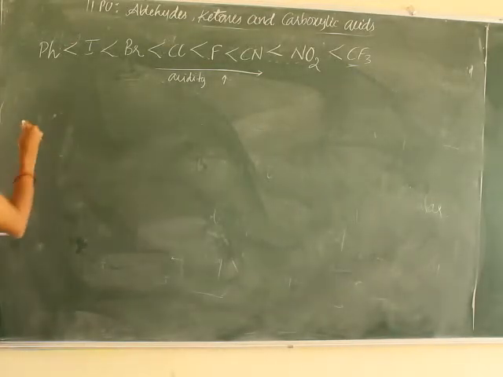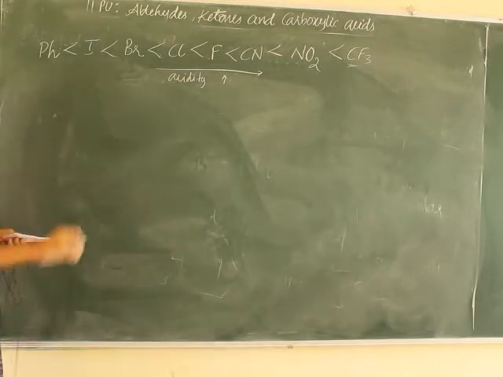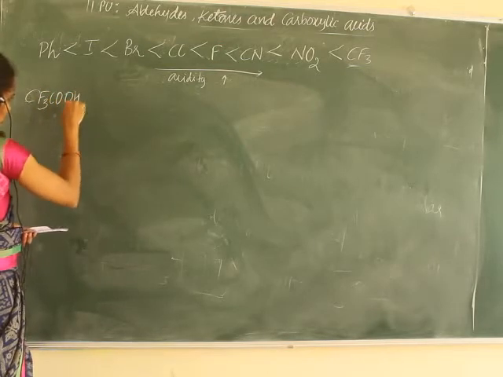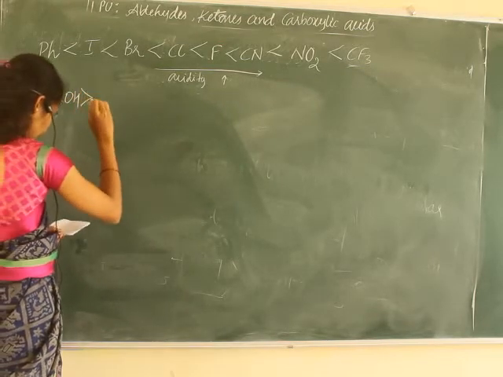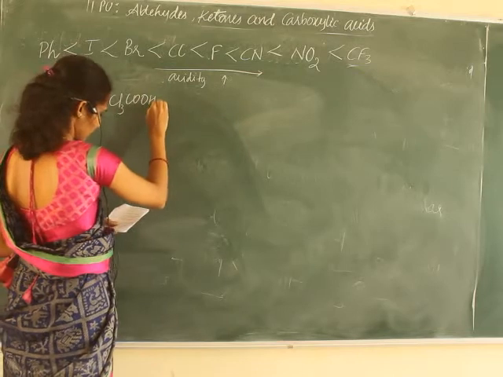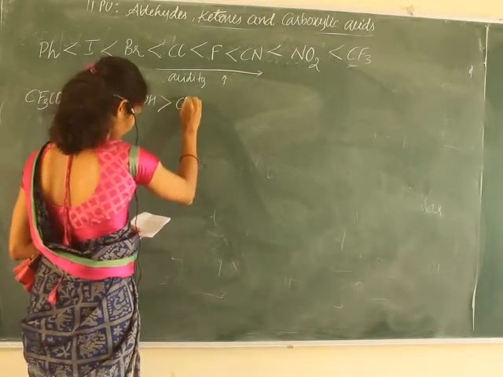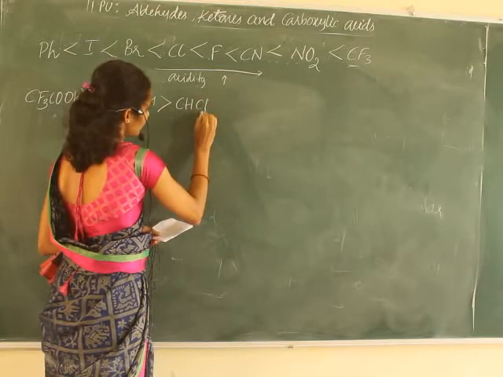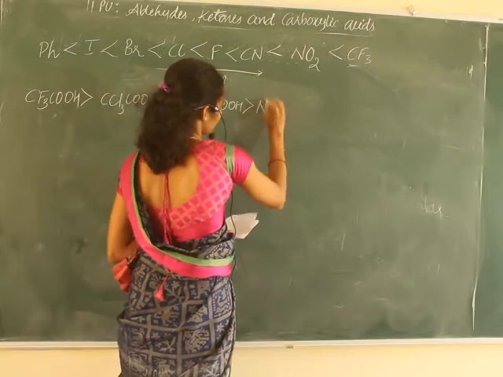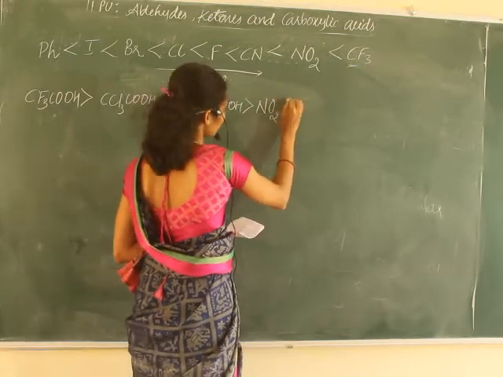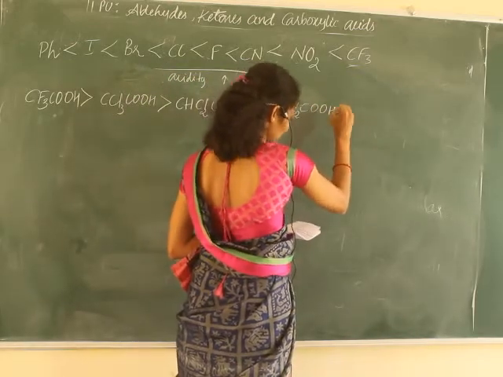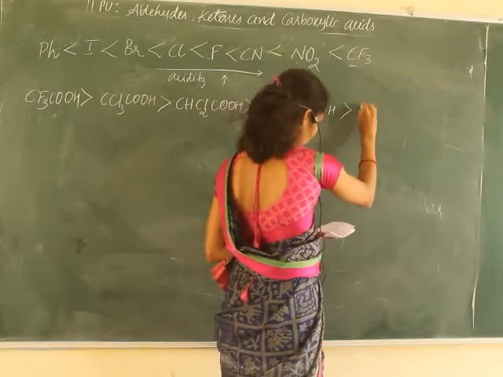And a few examples are there in your textbook. Please go through that. I'll write CF3COOH, highly acidic. Then CCl3COOH, CHCl2COOH. Just go through this, no need of byhearting. Just compare the acidity by seeing the electron donating and withdrawing groups.